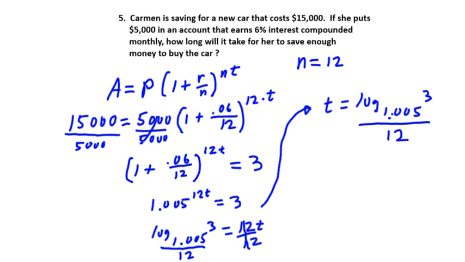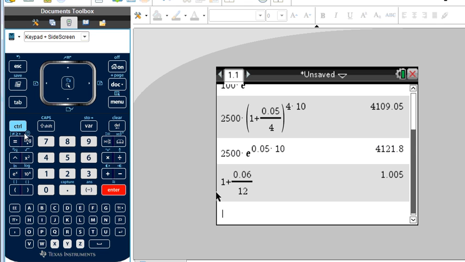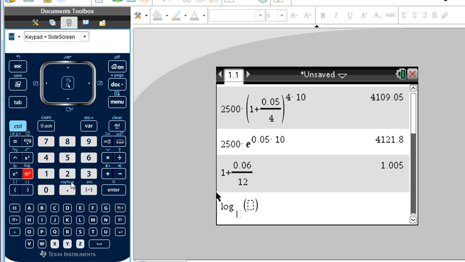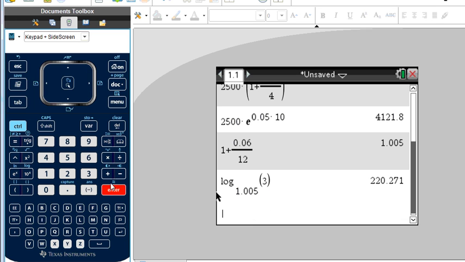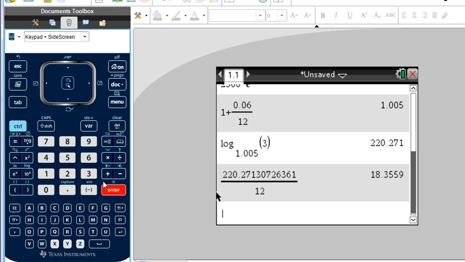So let's go ahead and do that with a calculator. We have log base 1.005 of 3, and we're going to divide that by 12. So we get 18.356.